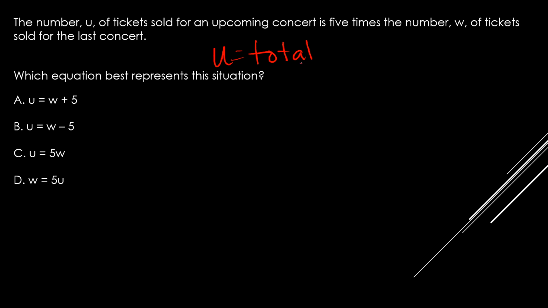And if you remember anything from when we were writing and solving equations, your total should always go by itself, okay, which means that D is not right because W is by itself. See how on all these I have U by myself? That's what I'm looking for. Then it says that it is 5 times the number. So 5 times would be multiplication. So I would want U is equal to 5W because 5 is being multiplied to W.